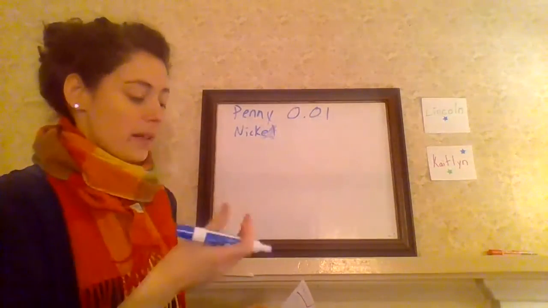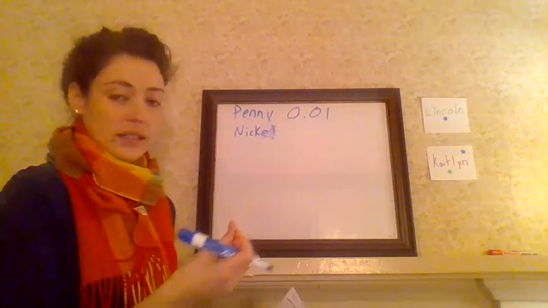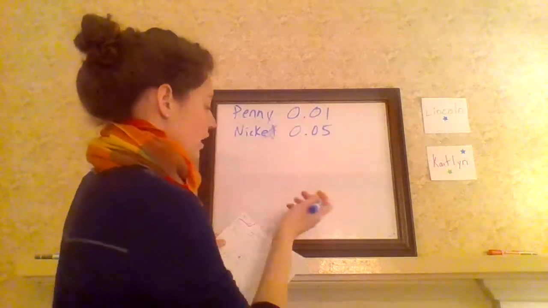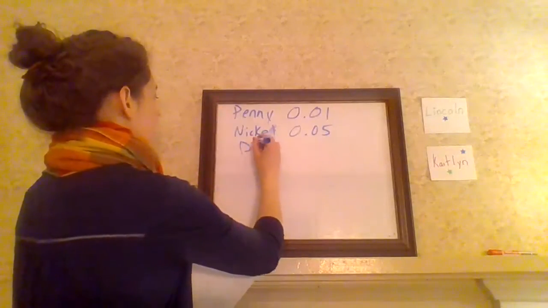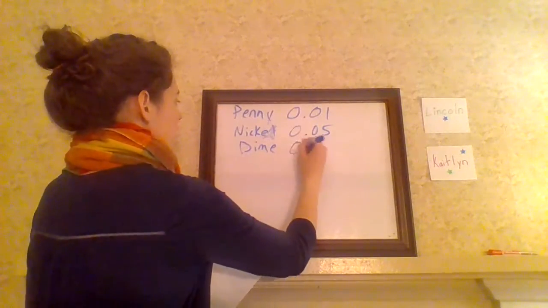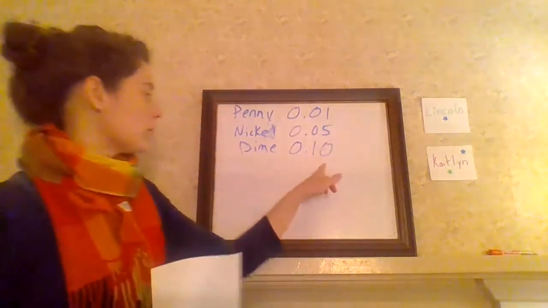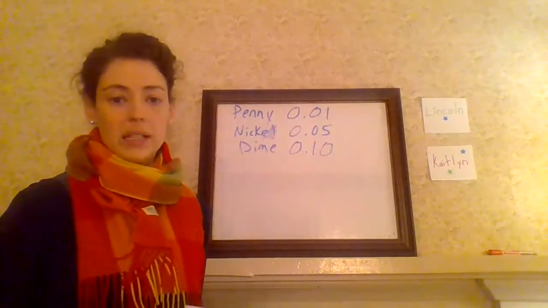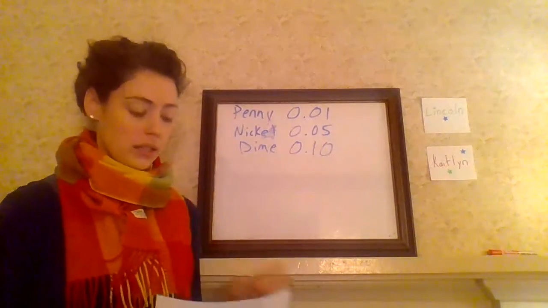A nickel is like 5 pennies, so that would be like this, 5 hundredths. Or if you had a dime, that would be 1/10 or 10 hundredths, because you need 10 of them to make $1.